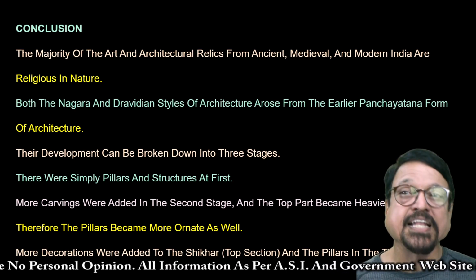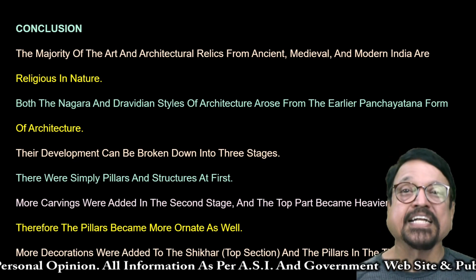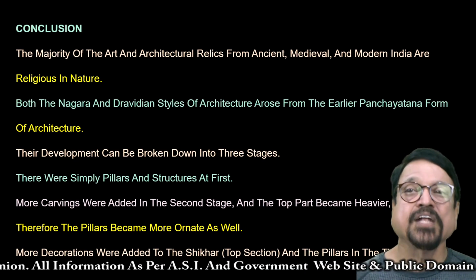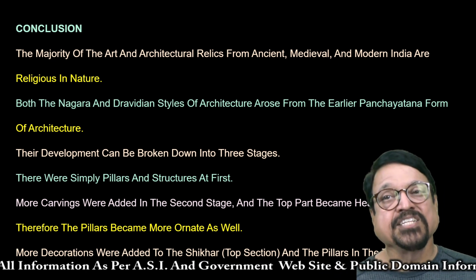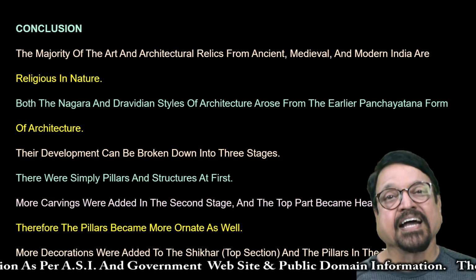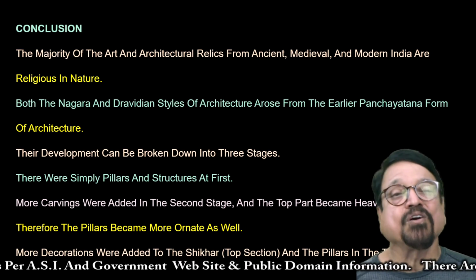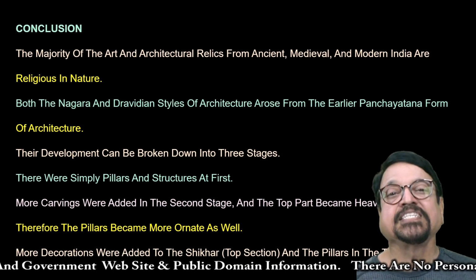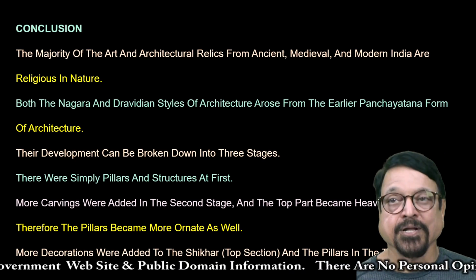Now what is the conclusion? The majority of the art and architecture from the ancient, medieval and modern India region are the Dravidian and Nagara style. However, there are a lot of changes taken place, lot of mixing has taken place, and which has resulted into different type of temples.